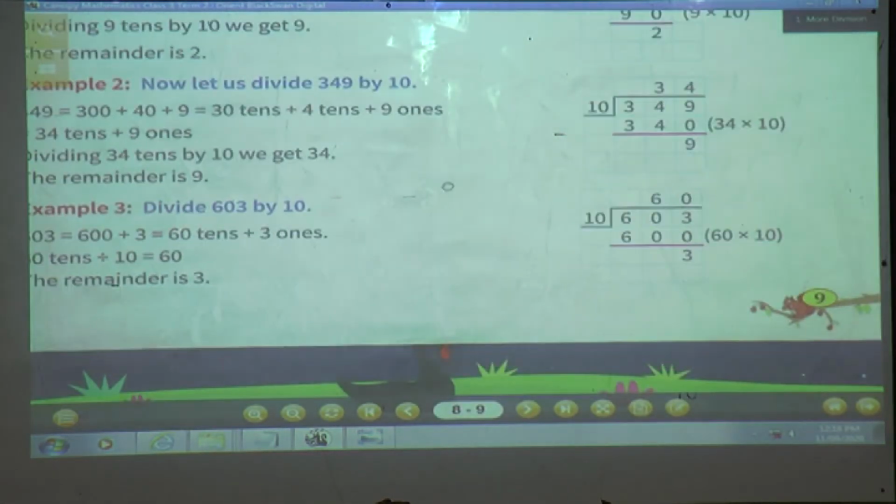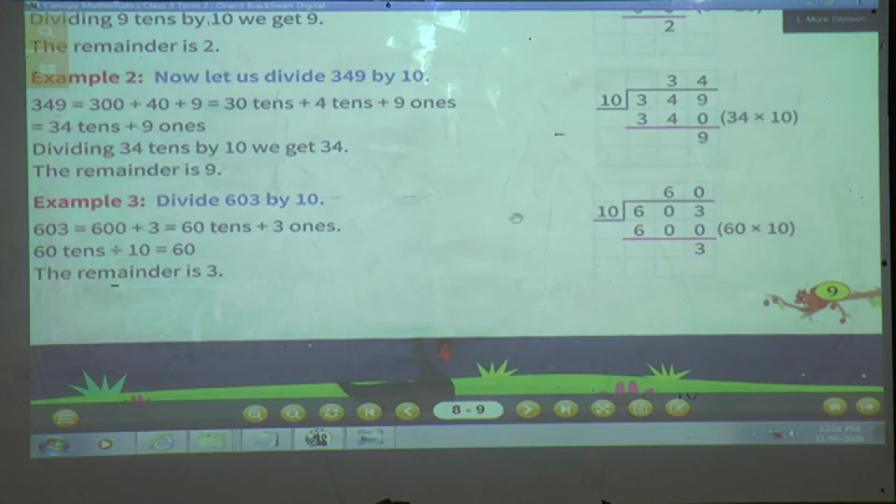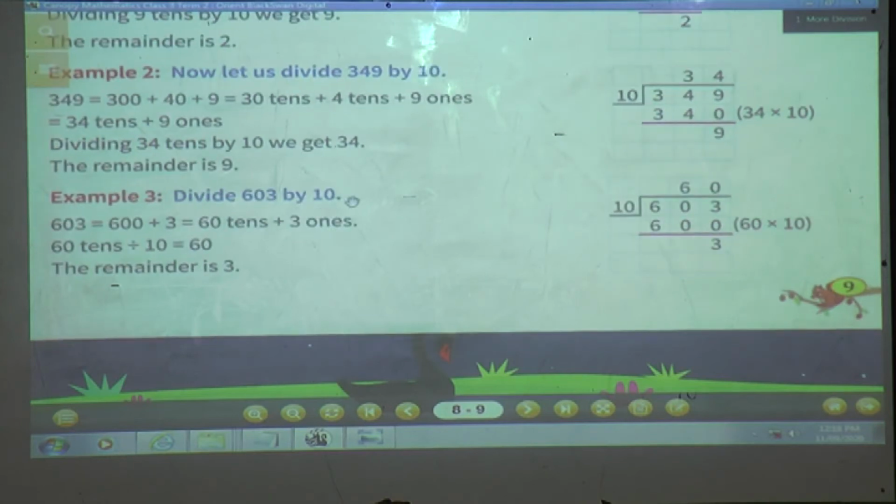Next, one more example we will see. 603 by 10. Now 603 is equal to what? 600 plus 3. 600 is equal to 60 tens plus these 3 ones added as it is. Now 60 tens divided by 10, we will get the answer 60.